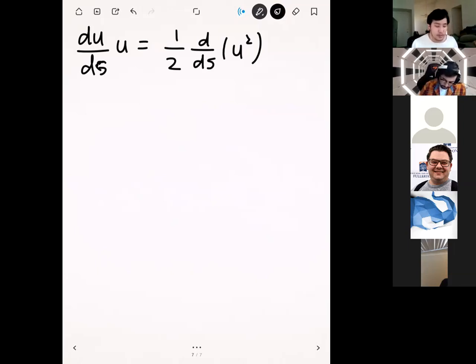That is chain rule, actually. So it's a reverse chain rule. The reason we do that is just to make the integrating a little bit easier.